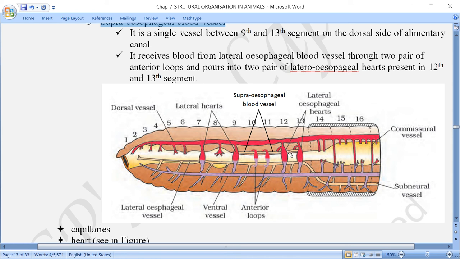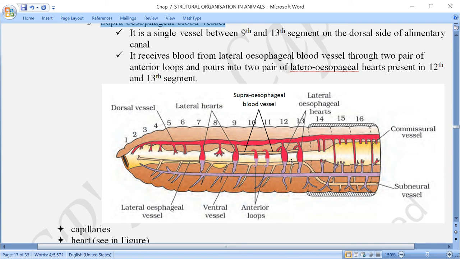Once again, what we are talking about, supraesophageal blood vessel, is present between 9th to 13th segment on the dorsal side of alimentary canal. What it does, it receives the blood from the lateral esophageal blood vessel. Lateral esophageal blood vessel is here. तो यहाँ से क्या किया, blood receive किया. What you cannot see over here is behind this alimentary canal.